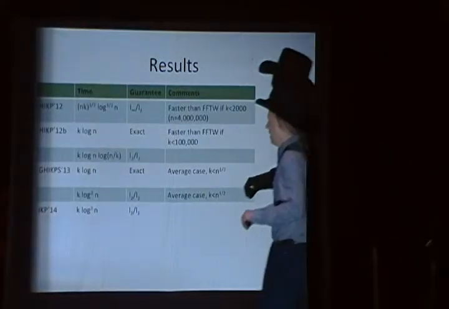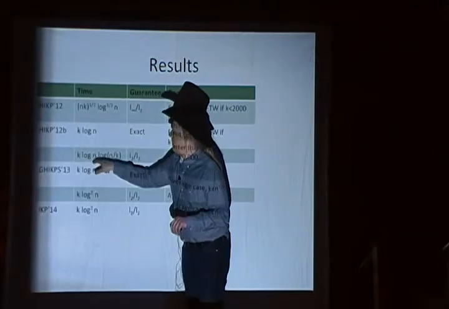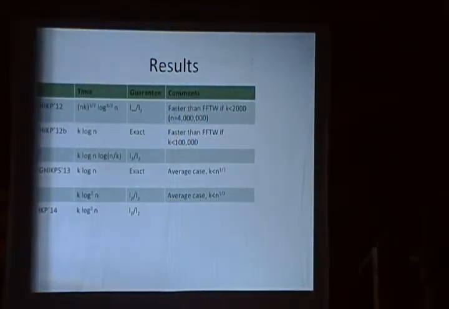Because as k goes close to n, this factor disappears, and then you have only this one. So this was the first set of results that we managed to obtain.